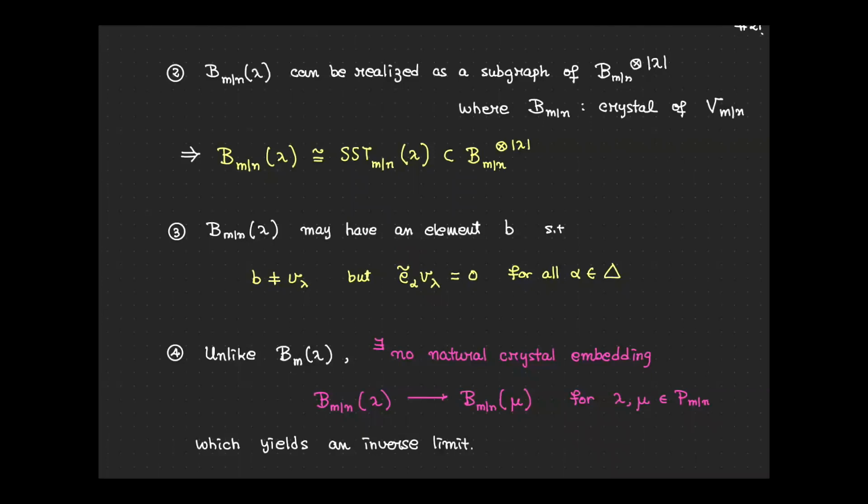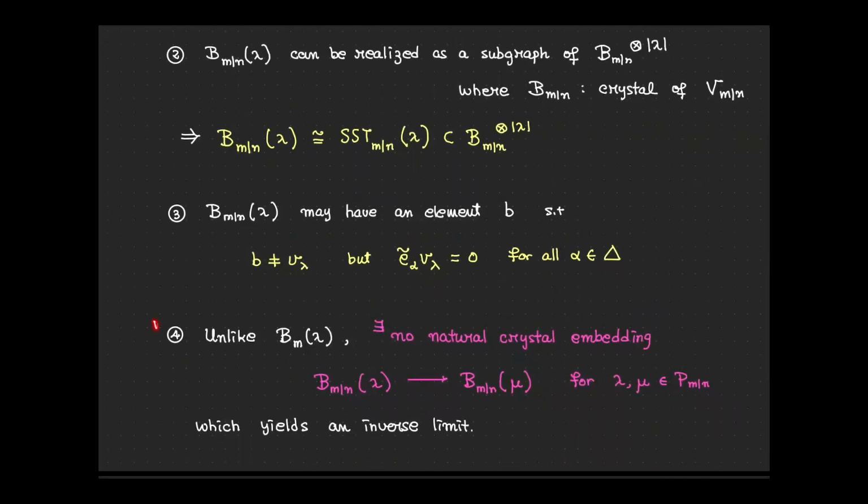And the other difficulty is that, unlike the case of the usual gl_n crystal B(lambda), there is no natural crystal embedding between the crystals of two irreducible representations associated with hook partitions or the associated integral highest weights.